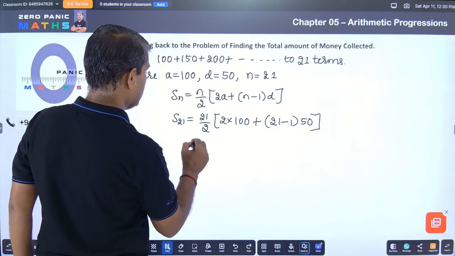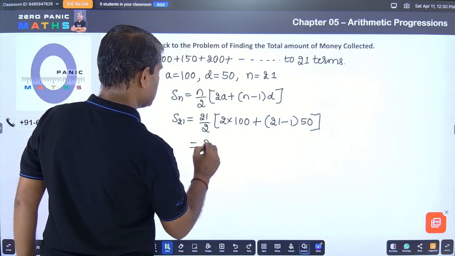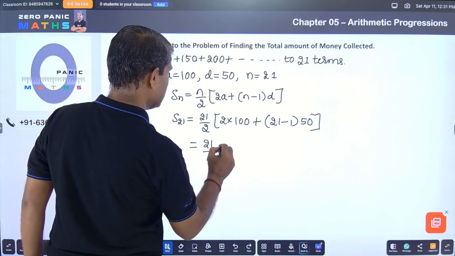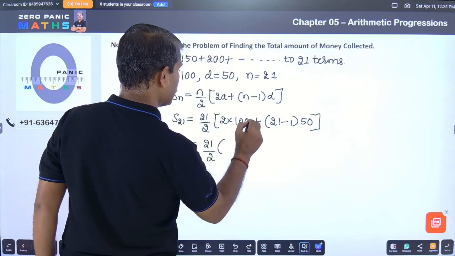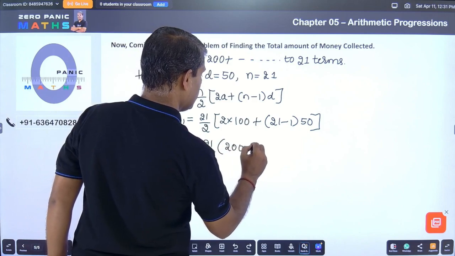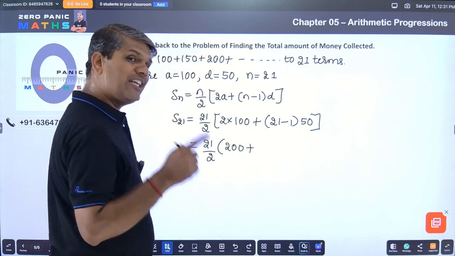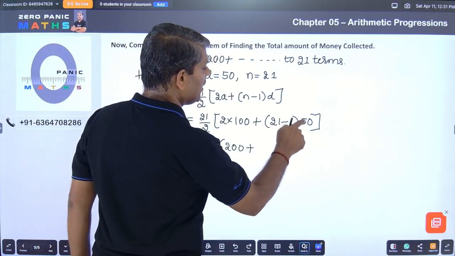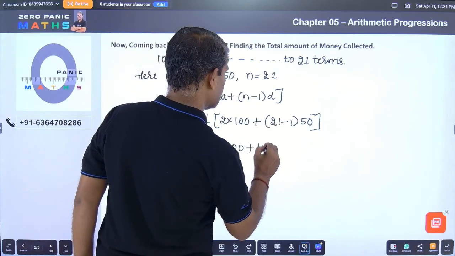Now let us keep 21 by 2 as it is and see what happens inside. 100 into 2, that is 200, plus 21 minus 1, it is 20. 20 times 50 is 1000.